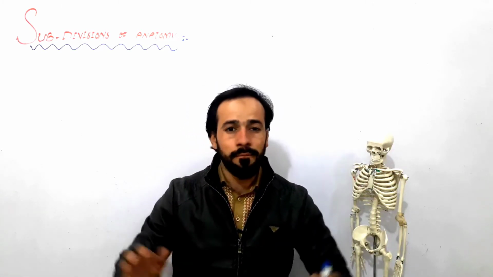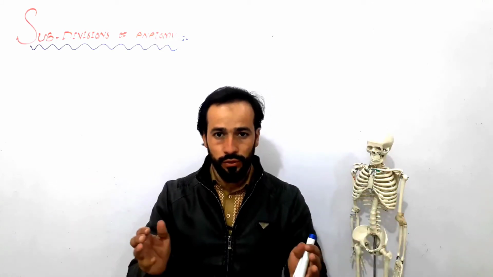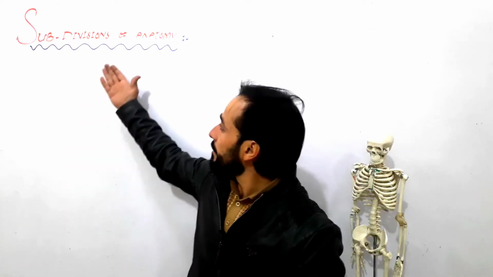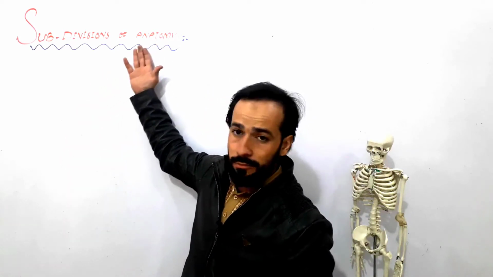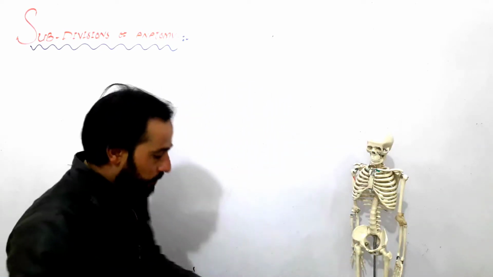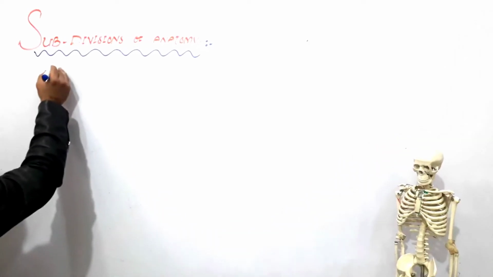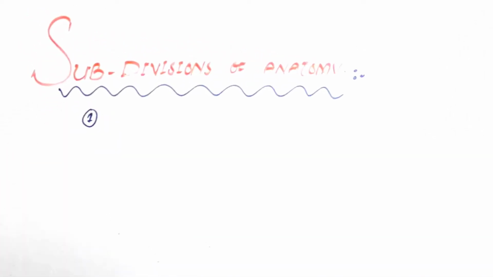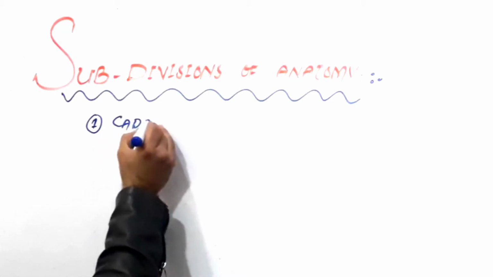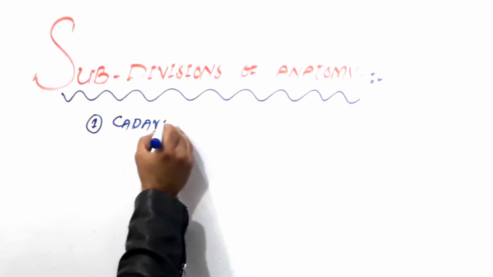So to make the subject easy for you, scientists and doctors have divided this broad anatomy subject into small sub branches to make the study easier. So let us discuss those branches. The first sub branch of the anatomy is the cadaveric anatomy.